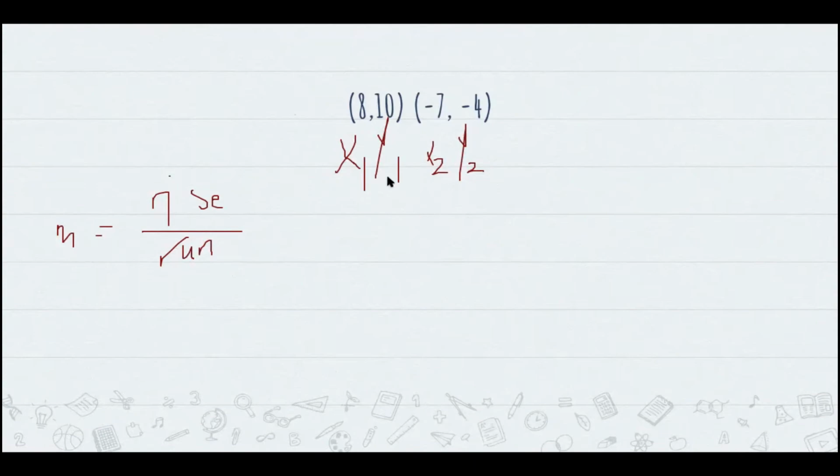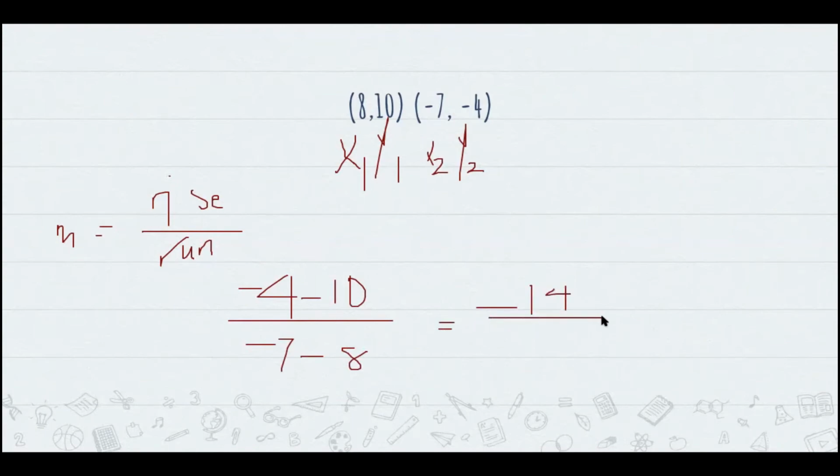So it's y2 minus y1 over x2 minus x1. So negative 4 minus 10 over negative 7 minus 8. So this would be negative 14 over negative 15. Cancel the negatives out. You get 14 over 15 as your m, which is your slope.